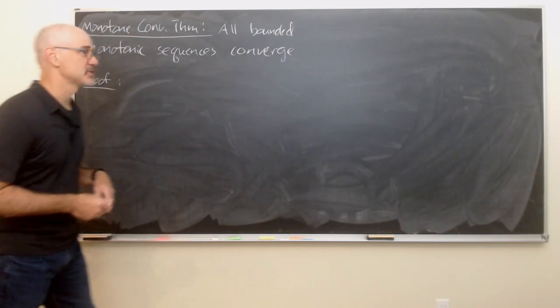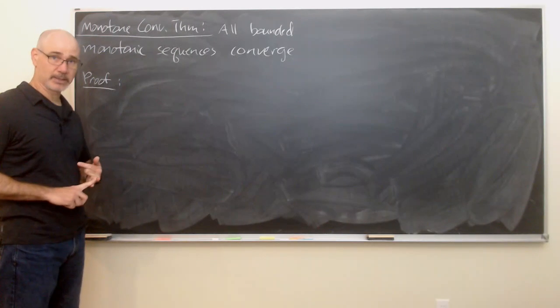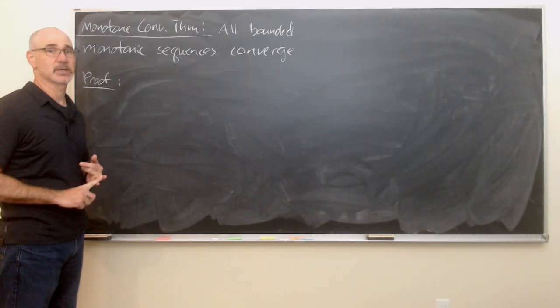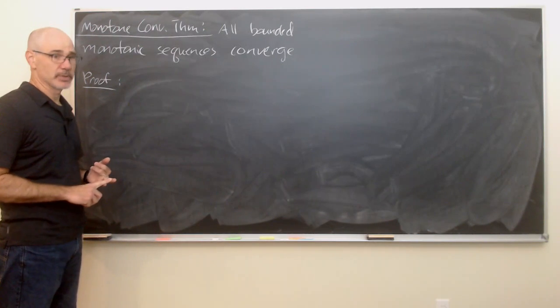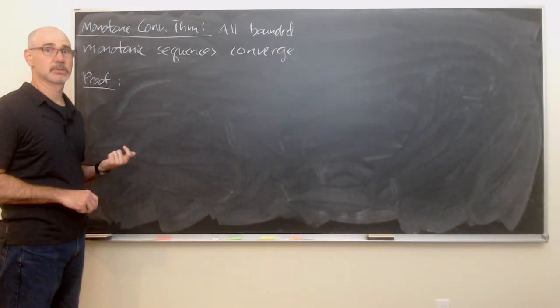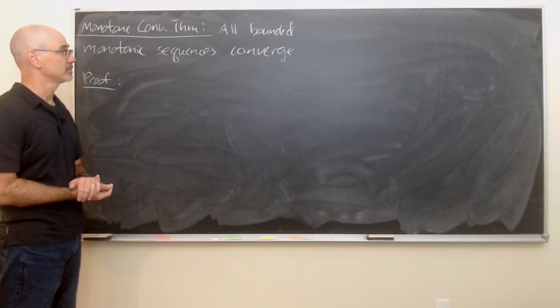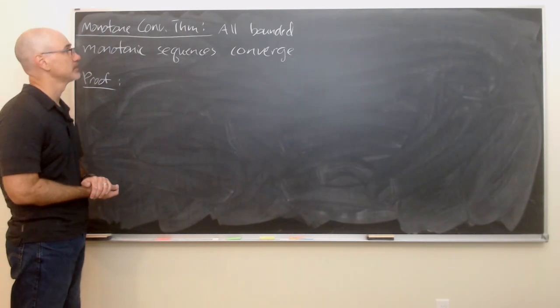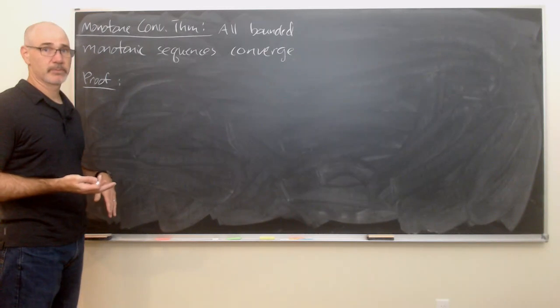All right, so the theorem says that if you have a sequence that you know is bounded and monotonic, then the sequence has to converge. So we're going to start off with a sequence that we assume to be bounded and monotonic, and then we have to produce the limit of that sequence and show that the sequence converges to it. Now, monotonic means either increasing or decreasing.